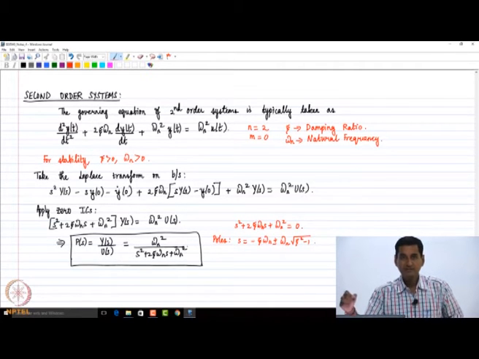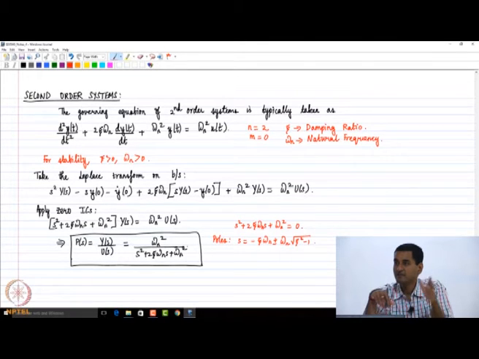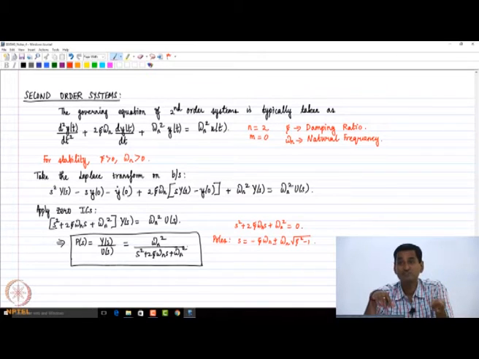If you have a s squared plus b s plus c equals 0, the roots are minus b plus or minus square root of b squared minus 4ac, the whole thing by 2a. That's what I have done. Since it's a second order system, n is 2, so you get 2 poles.